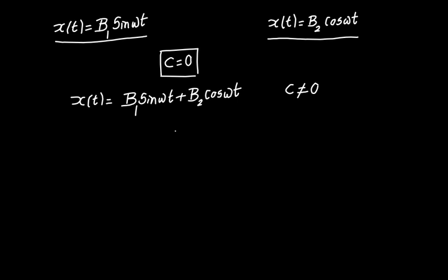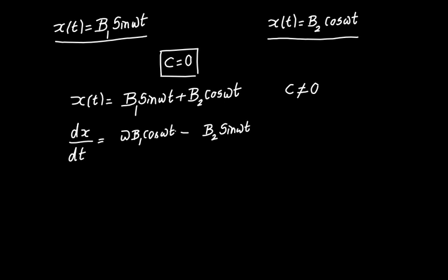All right. Now let us try to find dx by dt for this particular case. So what is dx by dt? If you differentiate sine, it becomes cos: omega times b1 cos omega t. If you differentiate omega t, you are going to get omega, so I have taken that omega outside. And if you differentiate cos, you are going to get minus b2 sine omega t.